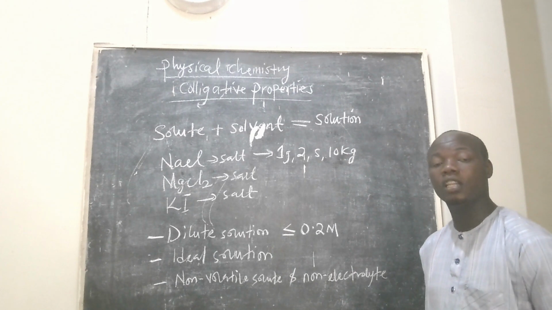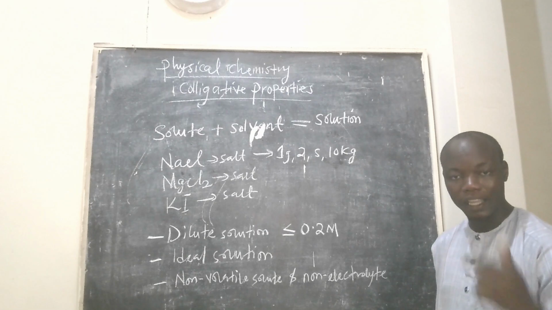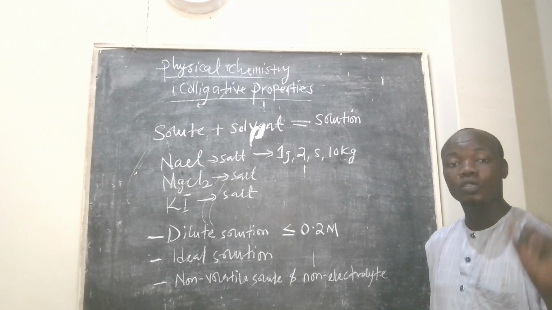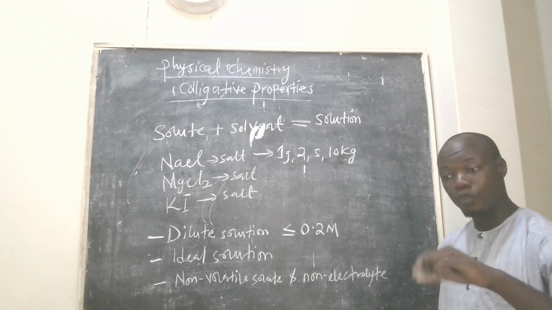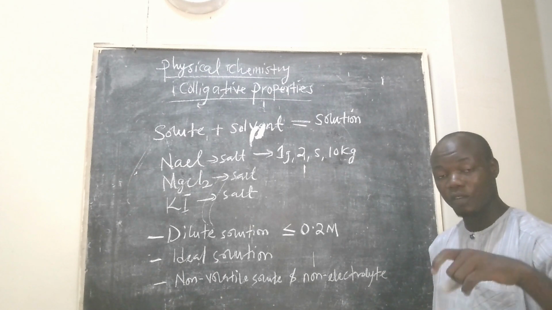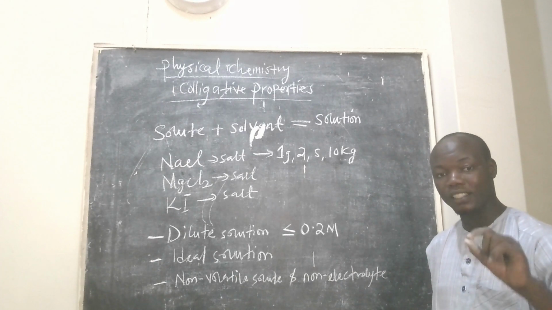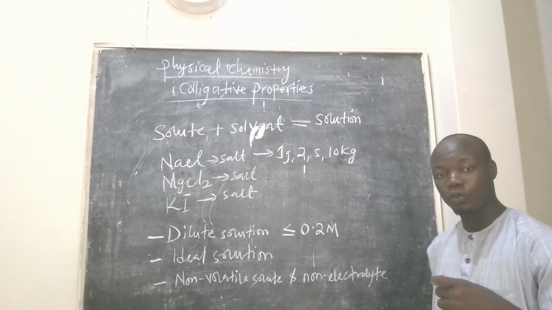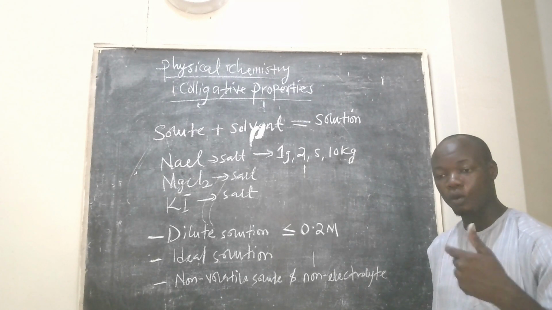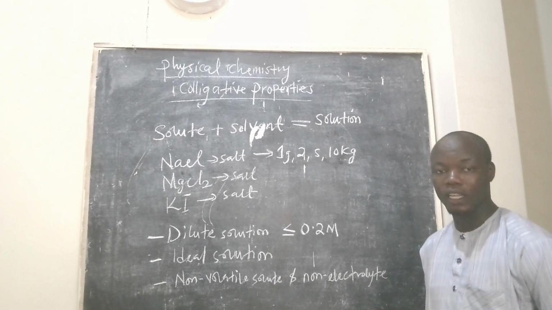But in a situation where your solids are electrolytes, generally the colligative properties increase. And how do they increase? The more the number of molecules or ions associated with a solution, the more the colligative properties.